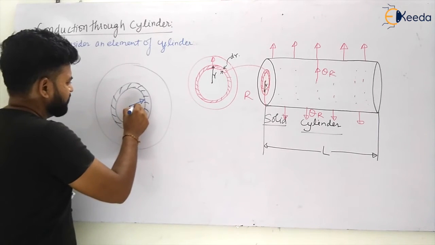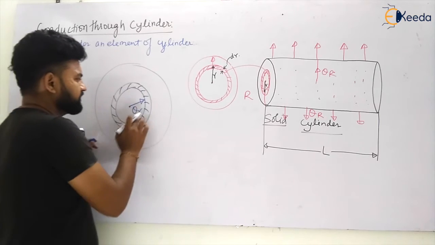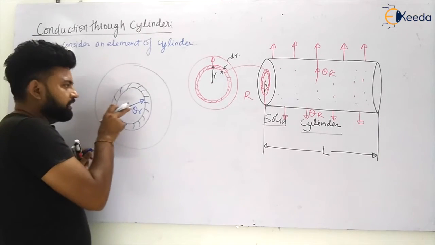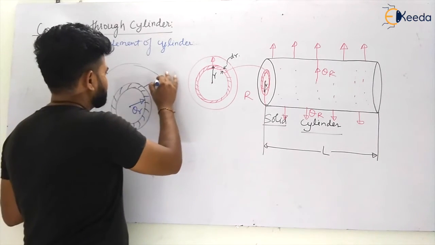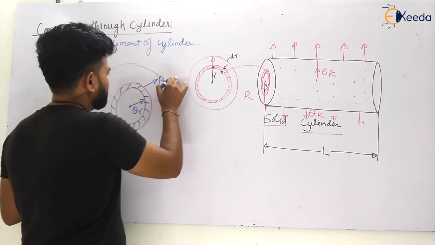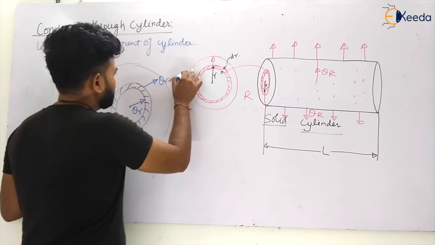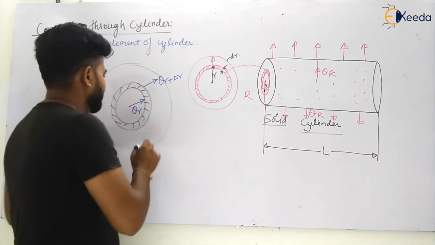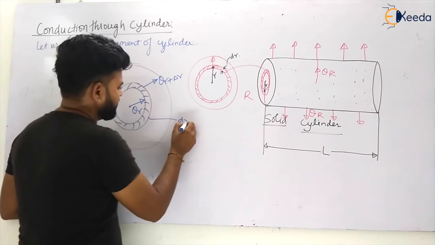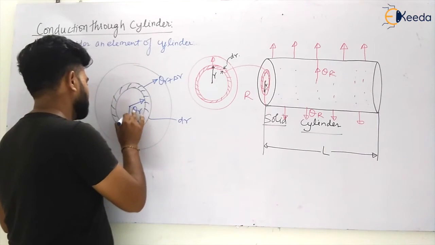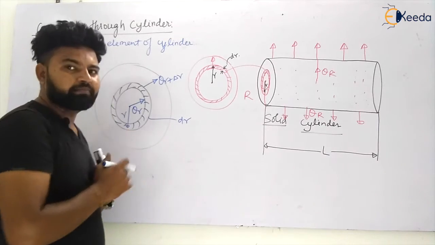Heat QR will go inside this element, and then there will be QR plus delta r. The thickness of this is already given, dr, and the radius for this particular element is r.